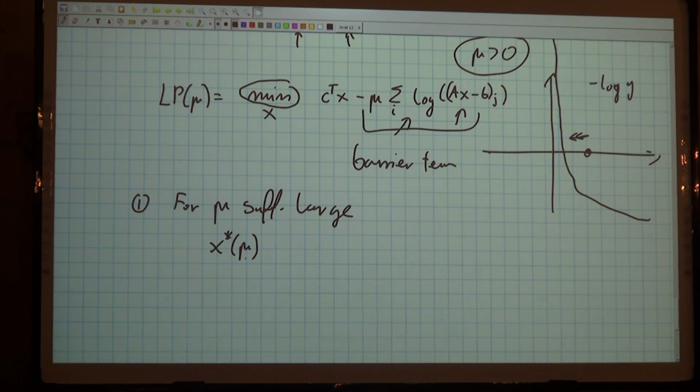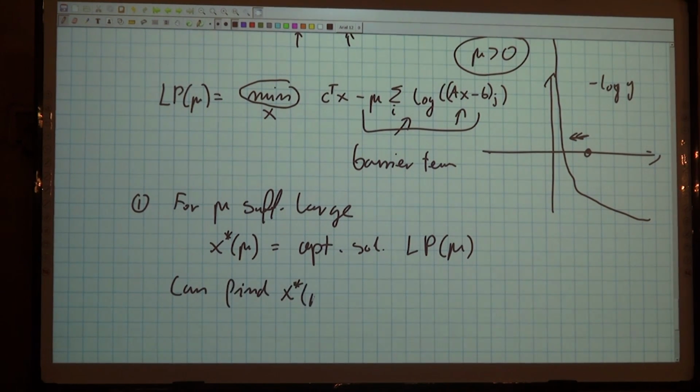Let x star mu be the optimal solution to the problem LP mu. For mu sufficiently large, I can find x star mu easily.